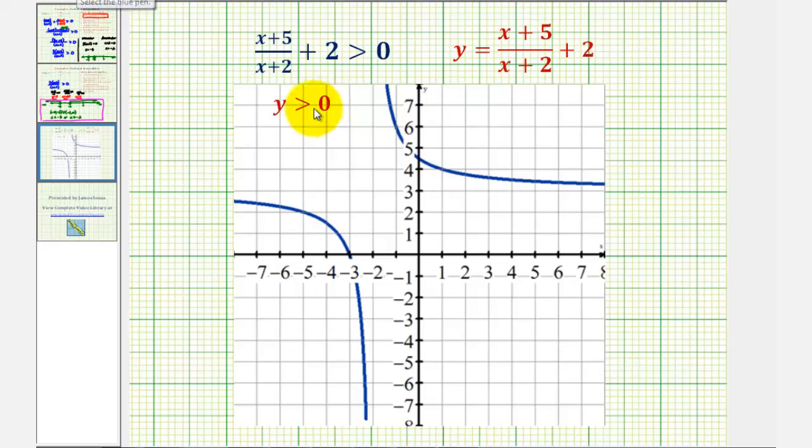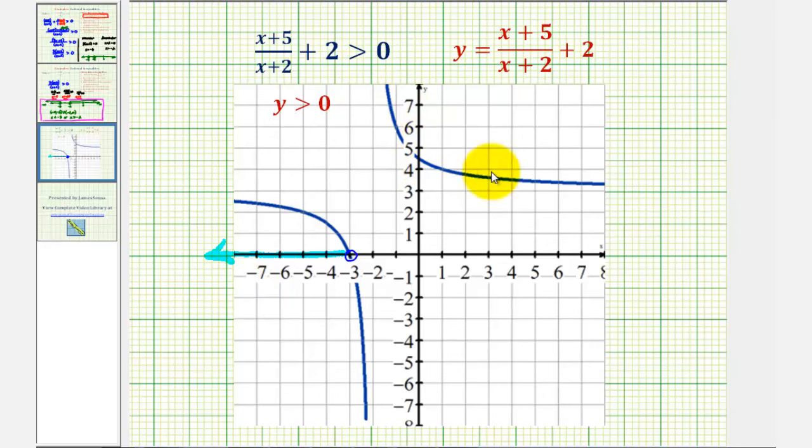And because of the inequality symbol, we would not include the points on the x-axis. So looking at the graph, notice how we would not include this point here on the x-axis, but then to the left of negative 3, notice how the graph is above the x-axis, meaning y is greater than 0. Verifying the interval from negative infinity to negative 3 would be part of our solution.